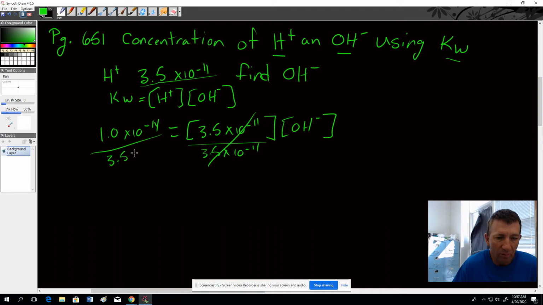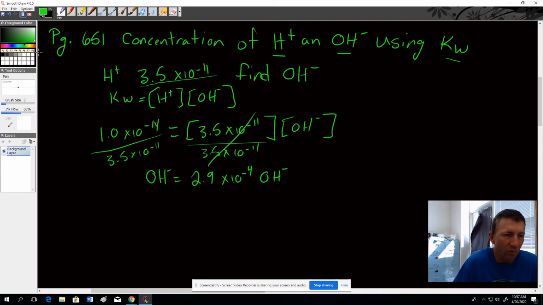So we go 3.5 times 10 to the negative 11th, divide that out. And that'll give us what our OH- concentration is. So the OH- concentration is 2.9 times 10 to the negative 4th. So that's what the concentration is.